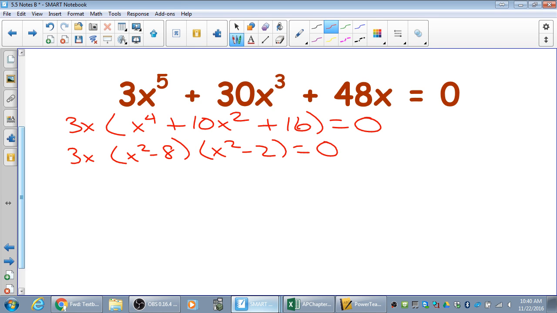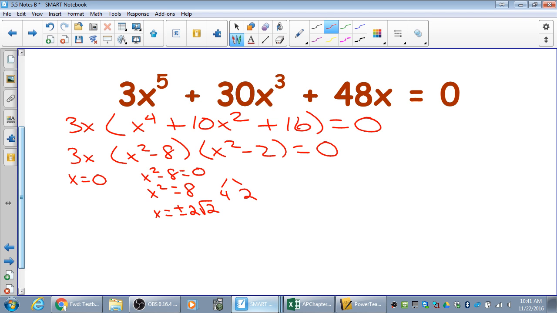We have our first answer, 1 of 5. 0 makes x 0. That's the first one. That 3x, 0. We have x squared minus 8 is equal to 0, so x squared is equal to 8. We add over the 8. Square root. That's plus or minus 2 square root of 2. 8 is 4 and 2.